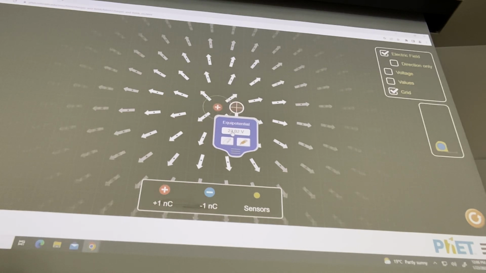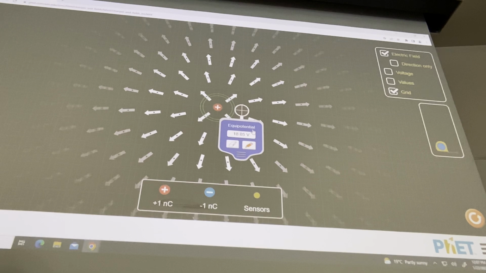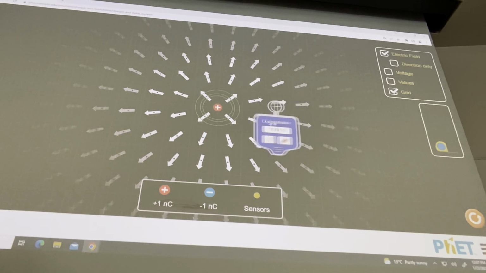The next line I'll draw will be 25. Not perfect, but it's okay. Everywhere on this line, the potential is 25 volts. My next one will be 20 volts. There's another thing about equipotential lines. They're always the same distance apart in potential. These I'm drawing all spaced by 5 volts. You could do 10 volts, 100 volts, whatever, but it's always the same amount.